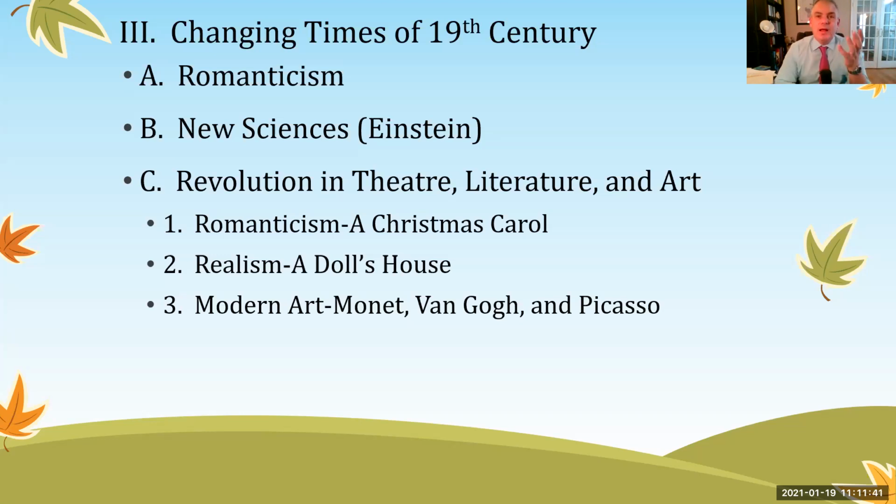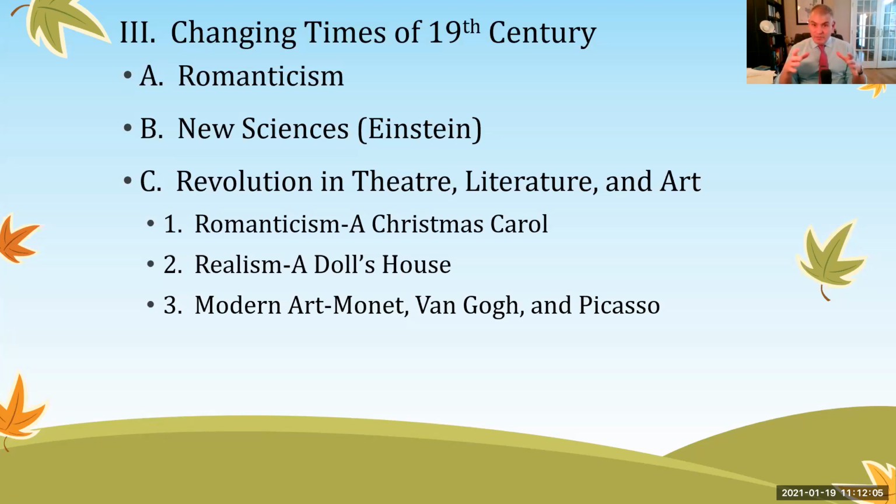So, one of the responses to the changing times of the 19th century is Romanticism. Romanticism is an artistic movement, a poetry movement, a literature movement. It's a very broad terminology. And what Romanticism does is a couple things. One, it emphasizes the importance of nature and emotions.